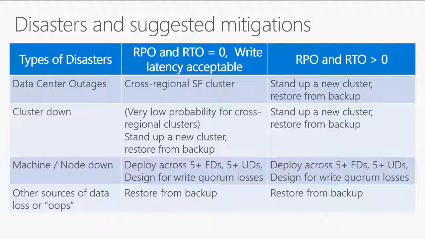If that were the case, you have to figure out whether you are write intensive or read intensive. A lot of mission critical applications we have seen so far are pretty read intensive, and they do writes. But if your writes can accept some amount of latency, then actually you can survive a data center outage, right? By setting up a cross-regional Service Fabric cluster.